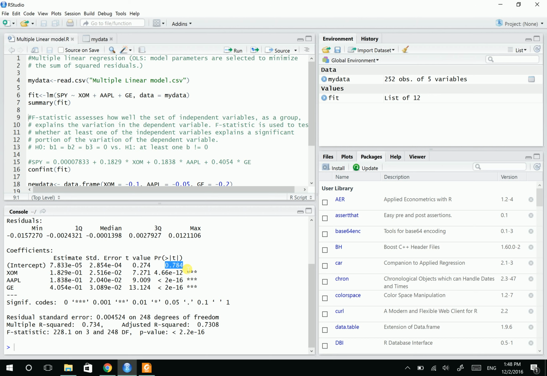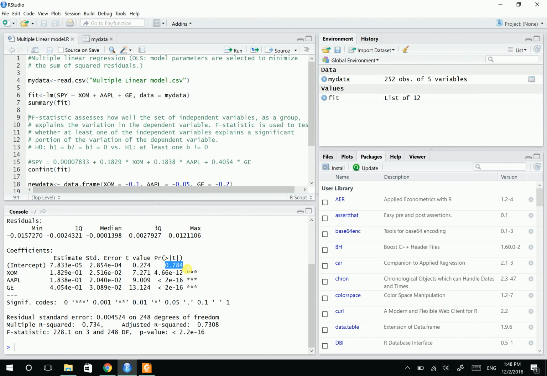So actually we can see that with over 78.4%, we expect to get an intercept equal to 0. So we have to say that the intercept is not significant, which means the intercept equals 0.